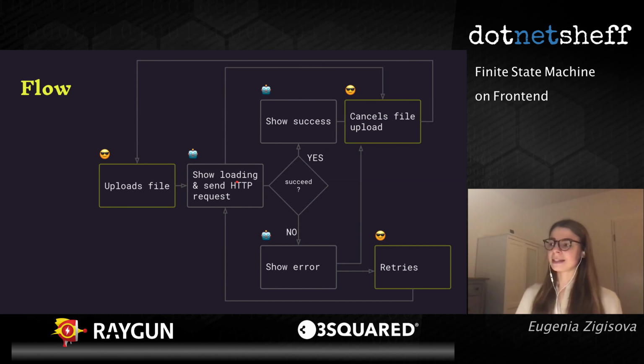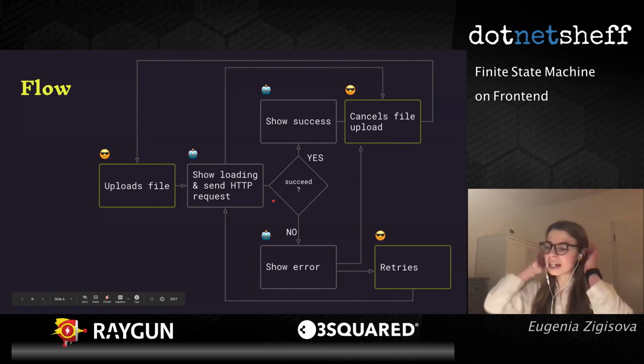However, if this doesn't happen, then we wait for a response. If it is successful, we show success to the user, from where they can cancel. If the request failed, then we show an error, from where the user can cancel or can also retry. And then they go into this loop, loading and retrying.